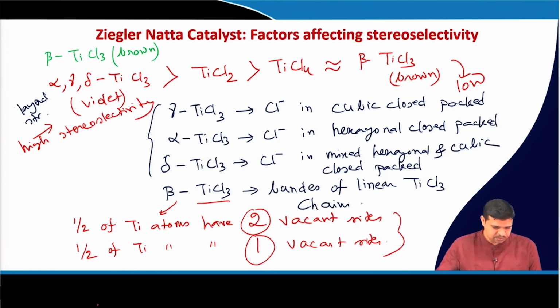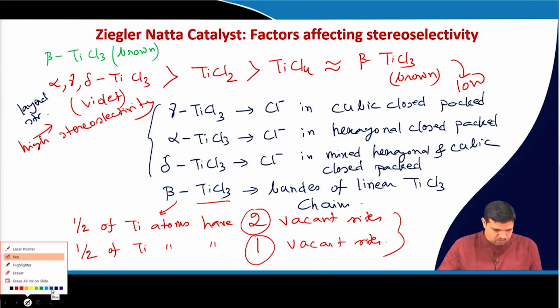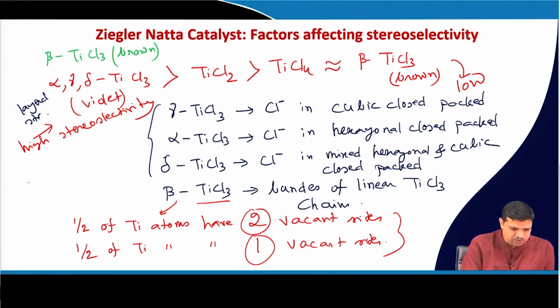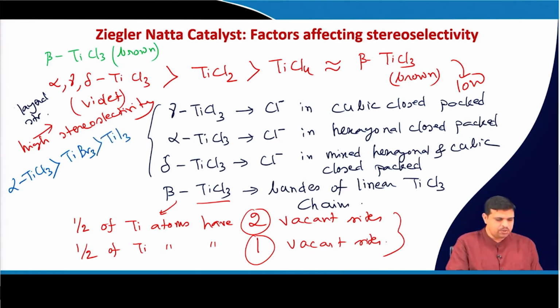Not only that, we should also know that if you use the alpha TiCl3 and if you use TiBr3 or TiI3, the stereoselectivity will be more for the chloride rather than iodide.